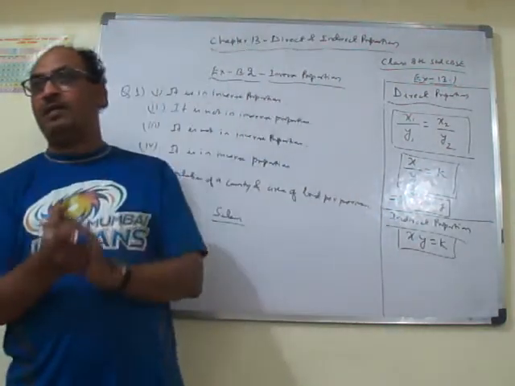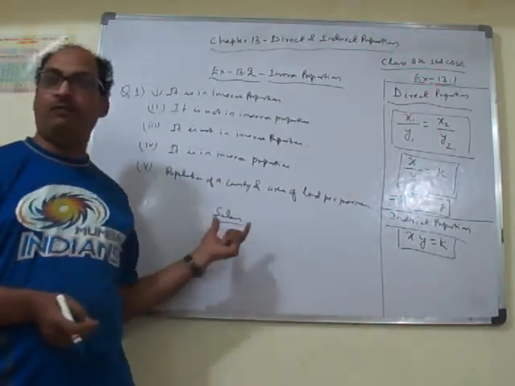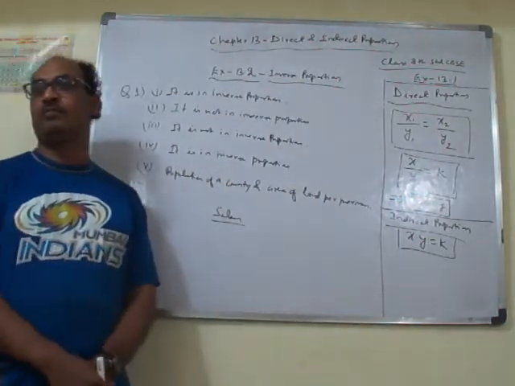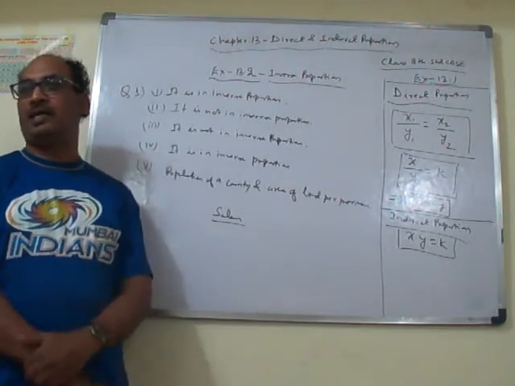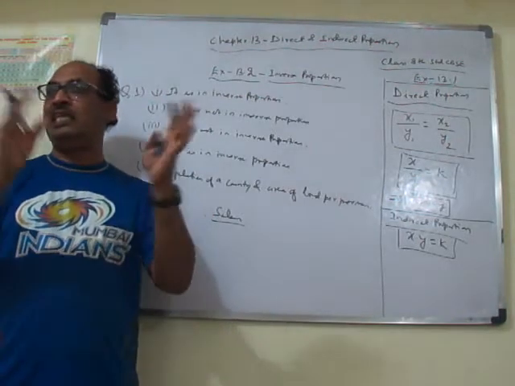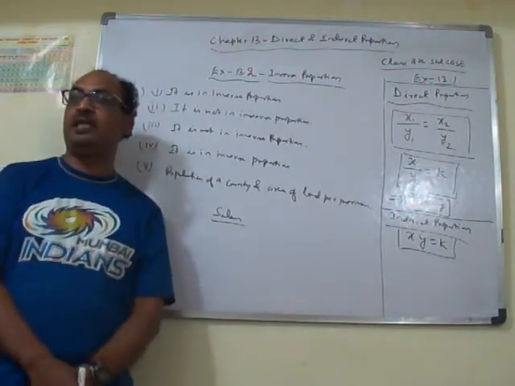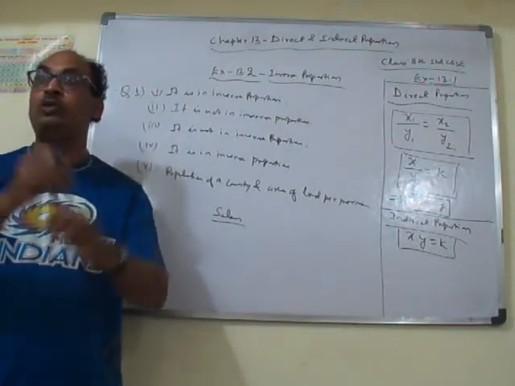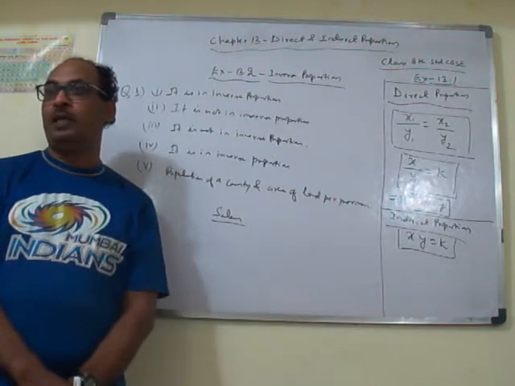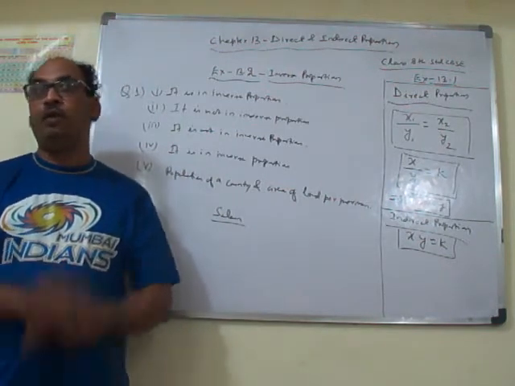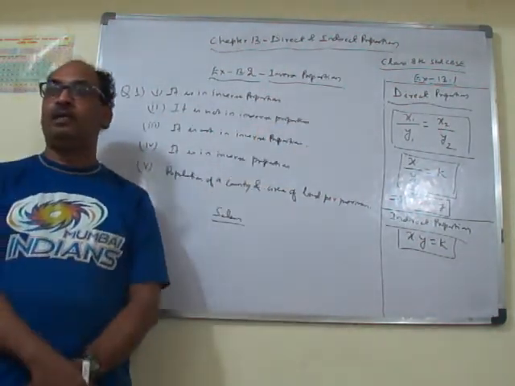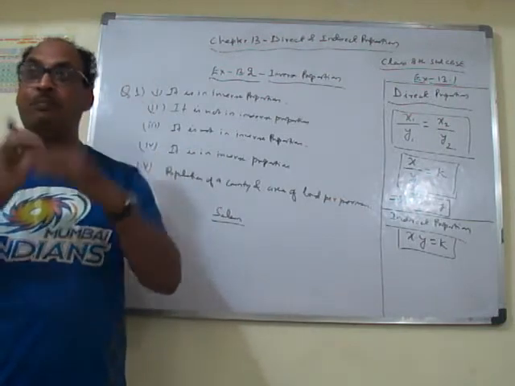Somewhere 50 or 60 years back, when the city was not very populous, fewer persons and fewer houses were there. Between two houses, you would have found some 2 km, 3 km gap.